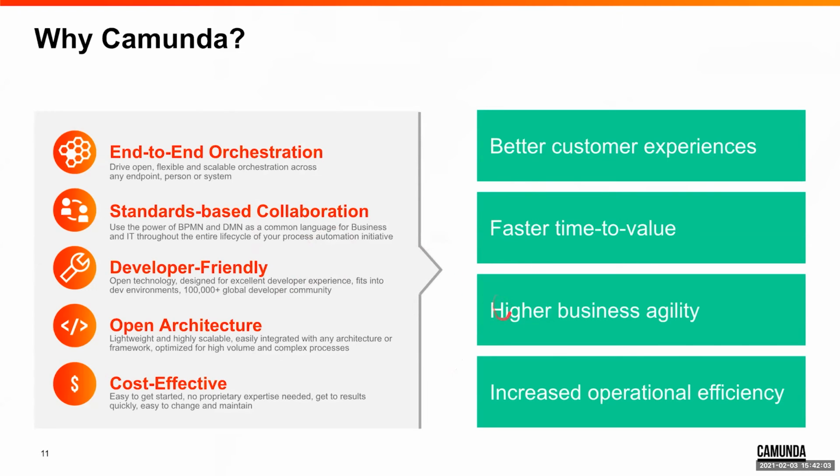For example, if you take the point higher business agility, we think that the Camunda platform improves the business-IT alignment I mentioned, and it gives the business the power to bring their needs to production much quicker by using BPMN as a means of communication. Everybody is really talking about the same picture, and this really fosters things.